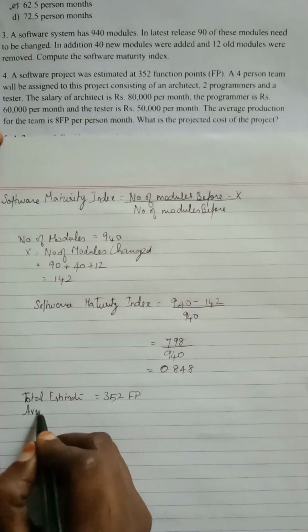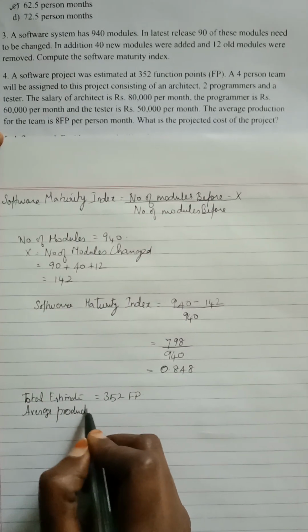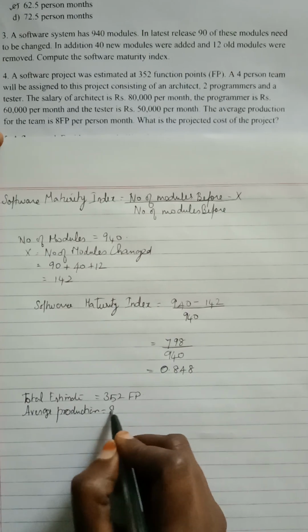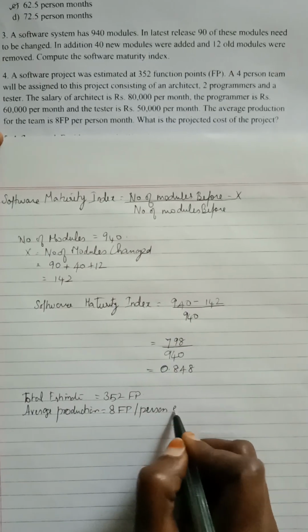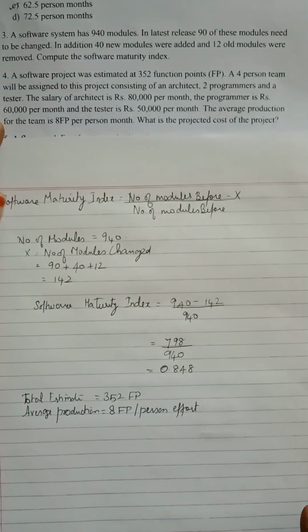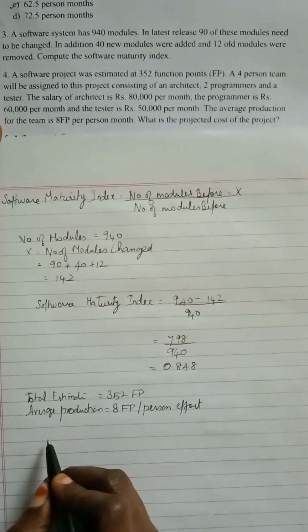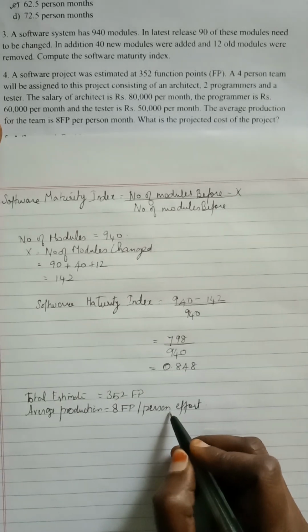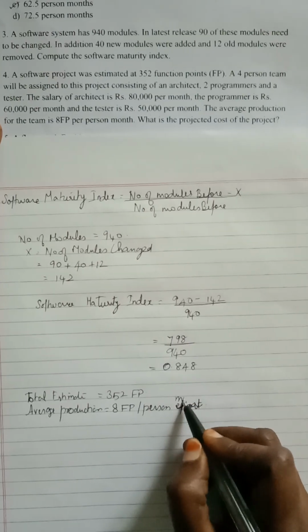So average production is 8 FP per person month. So you want to calculate what is the effort. That is per person month.